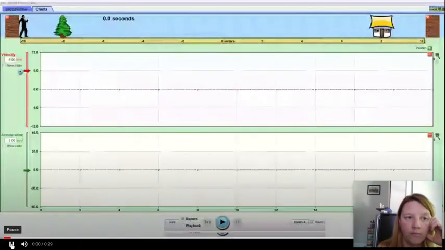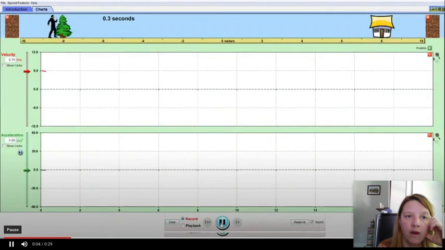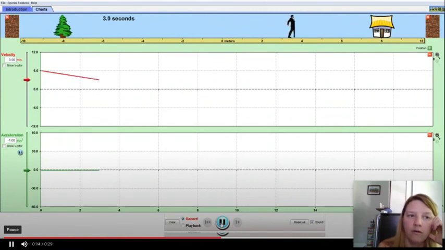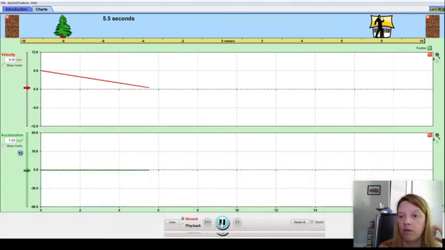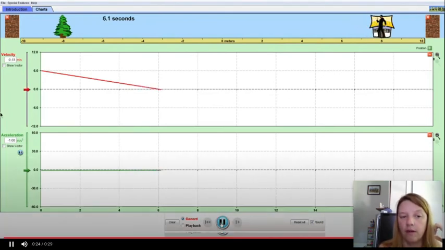So if I press play, you should see he's going to start moving to the right, and over time, he will be going slower and slower. It's a little hard to tell, but you can also watch this number here and you see that the velocity is going down. And now you can definitely tell that he's coming to a stop. So he's slowing down.